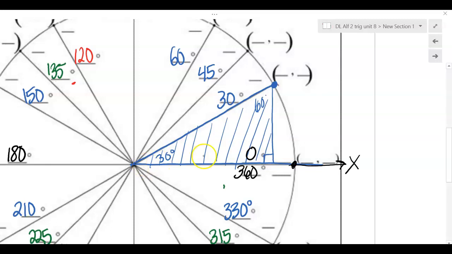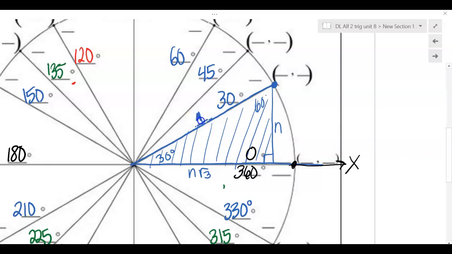For this triangle, the short side would be over here, the other leg over here, and the hypotenuse is along here. But this isn't just a circle, this is the unit circle, and remember the definition of the unit circle was that the hypotenuse is equal to 1.